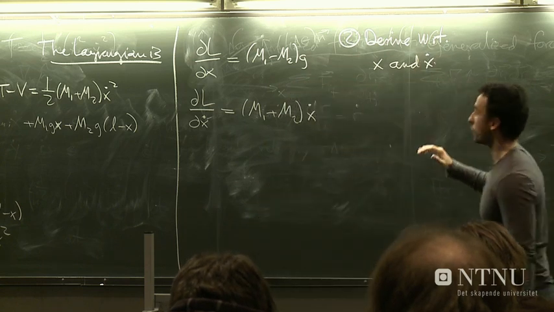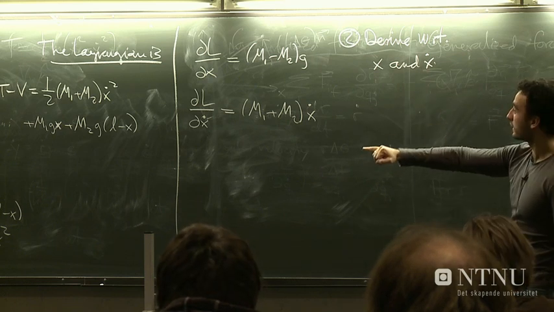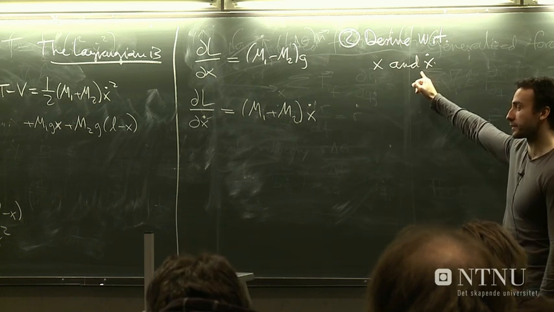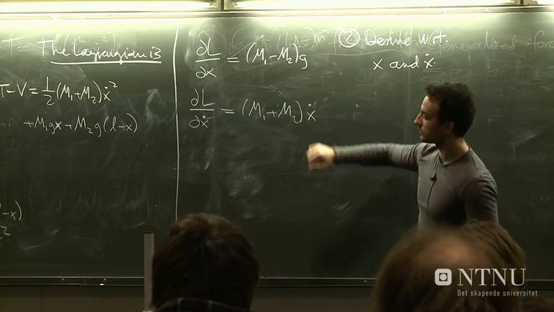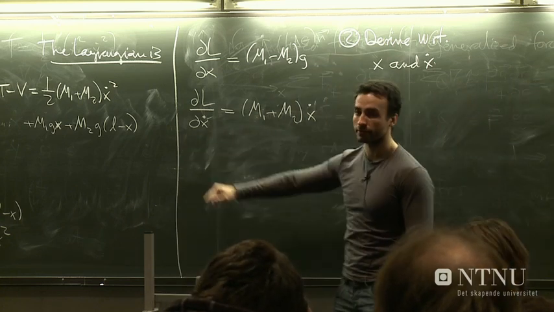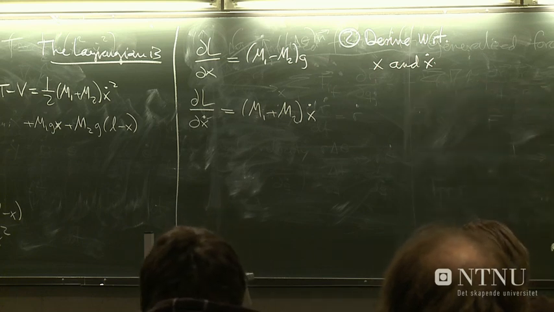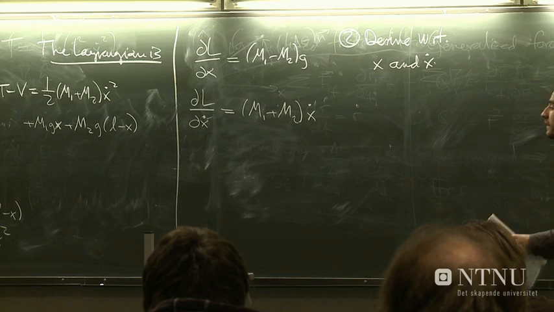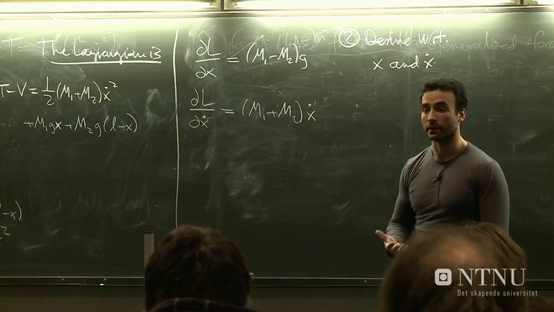So let me just write this step explicitly here. First step, find L. Second step, derive with respect to x and x dot to get these results for our particular Lagrangian. And then with this in hand, we can just set up the Lagrange equation.